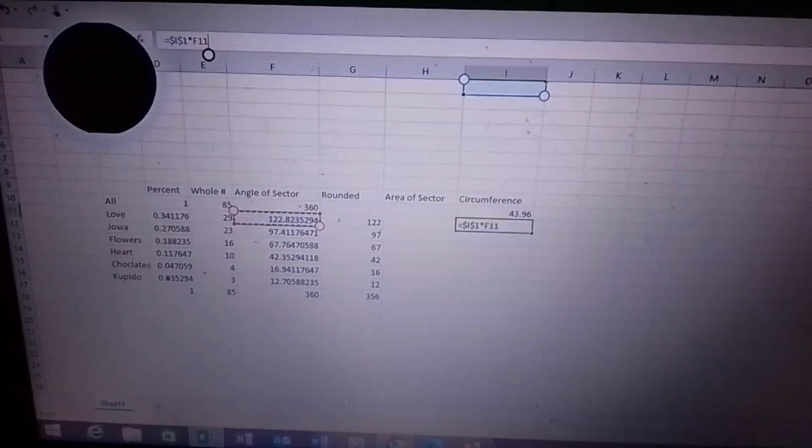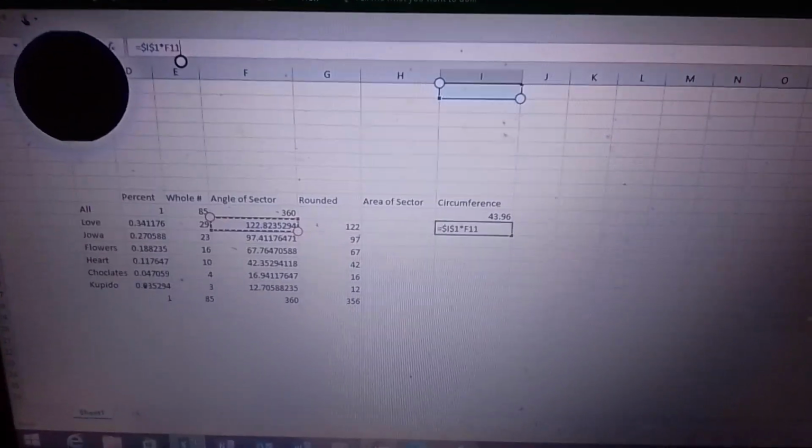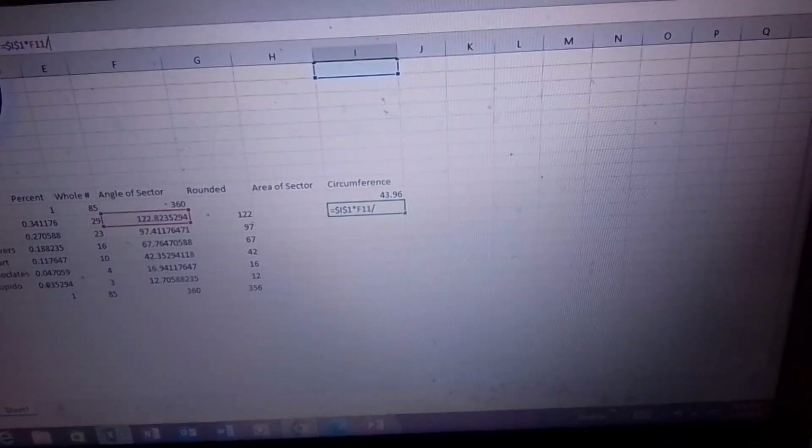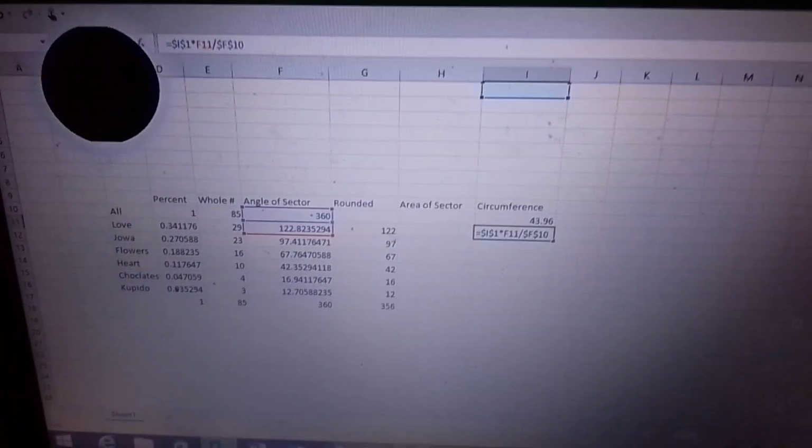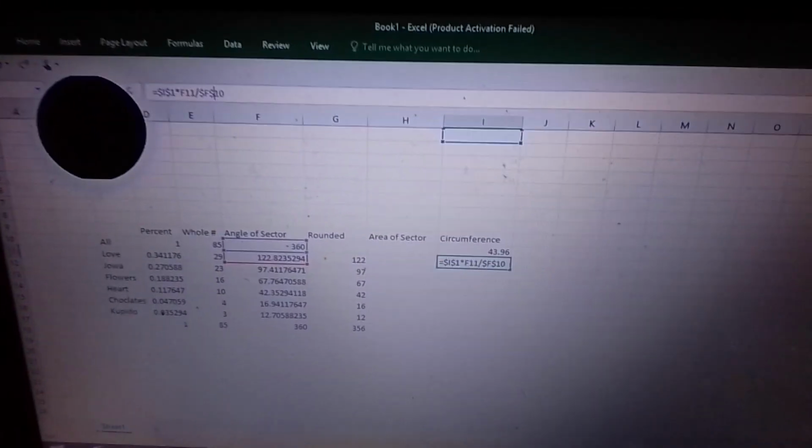Remember, this is the angle of the sector, and you have to multiply that together. Then divide by 360. Why divide by 360? Because if you don't divide your answer by 360, your answer will be wrong. So you have to divide by 360 as the angle.